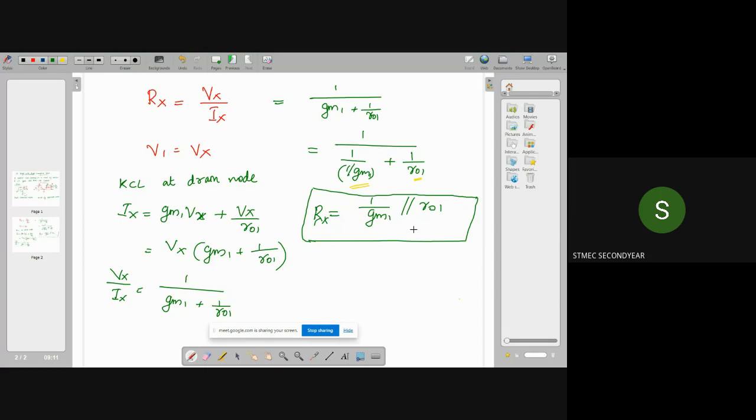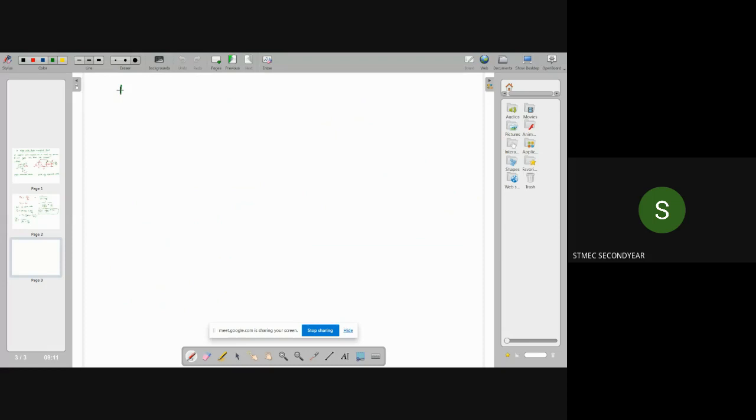Similarly, we can check the condition for PMOS. If I am taking PMOS, this is my PMOS. This is source, drain and gate.